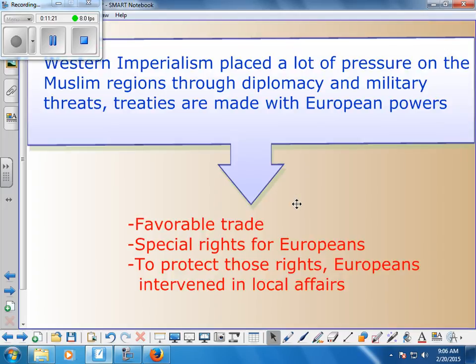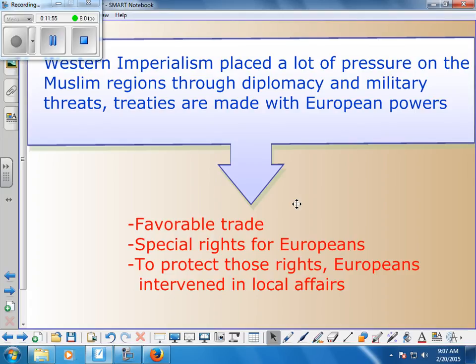Western imperialism placed a lot of pressure on the Muslim regions through diplomacy and military threats. Treaties are made with the European powers. And the issue here is that the Western countries are coming in and they're attempting, through negotiation, through any means possible, to get a toehold into these countries. What they're after are things like favorable trade, special rights for Europeans who might be living there, and then also the Europeans will do everything they can to protect whatever rights they do gain.